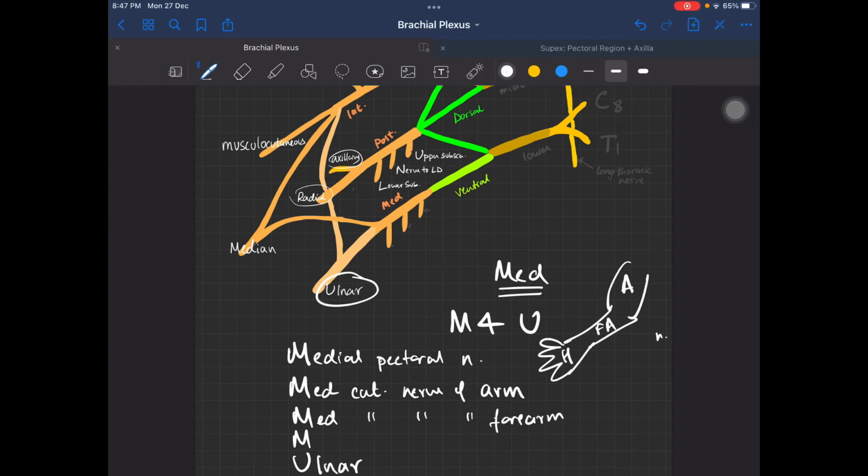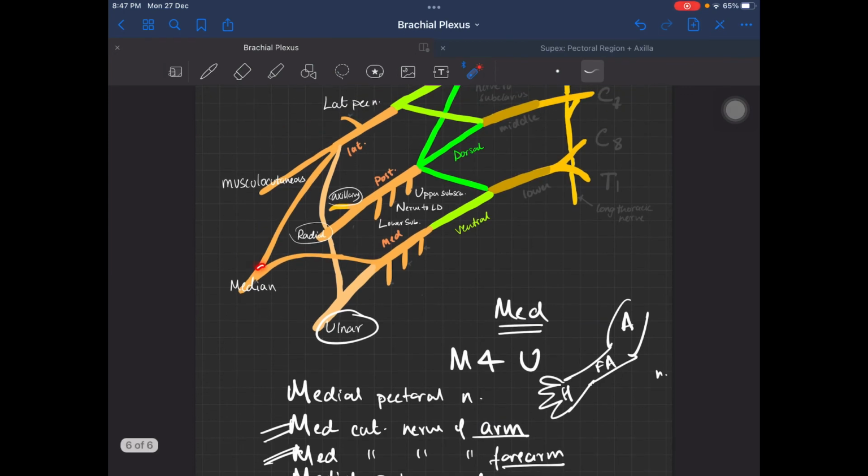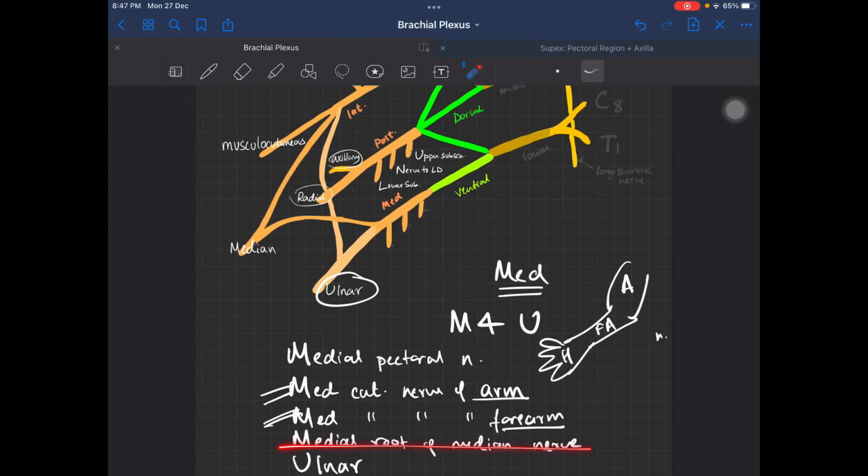So cutaneous means cutaneous sensation on the skin. So this nerve is for cutaneous sensation of the arm. This nerve is for cutaneous sensation of the forearm. The fourth M stands for medial root of median nerve. As already discussed, median nerve has two roots, lateral root, medial root. So this is the medial root of median nerve.